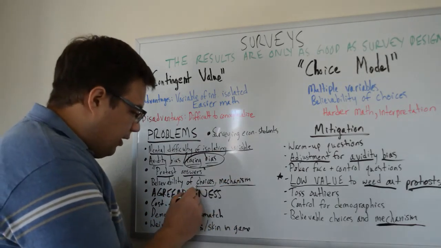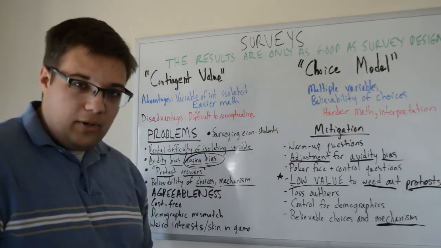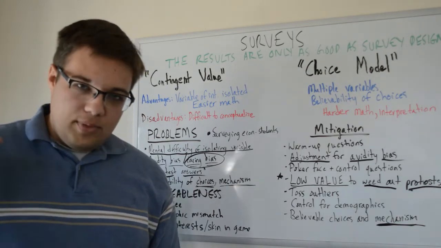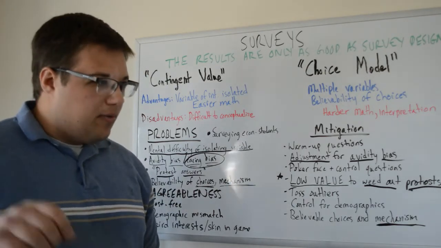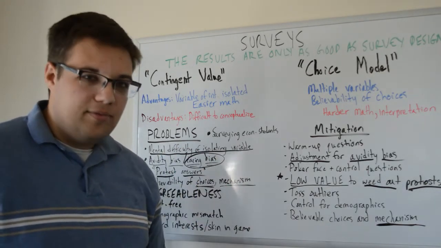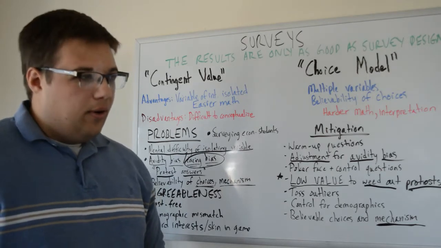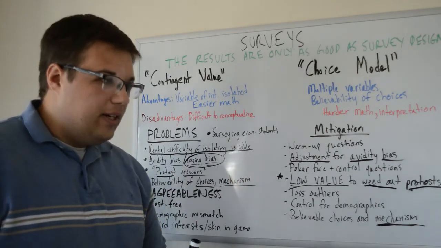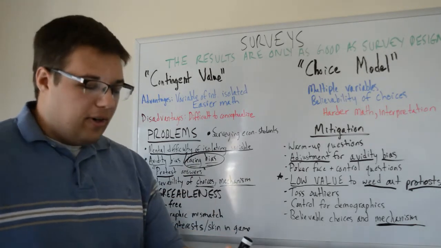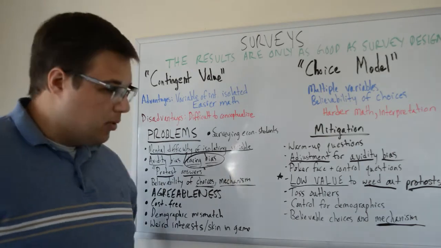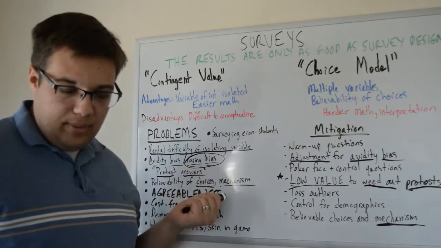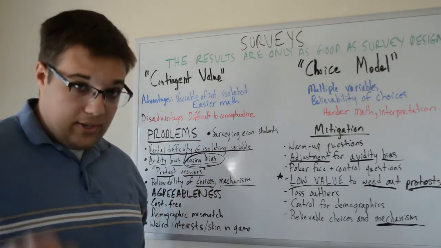And if you have unbelievable choices, where your choices go the wrong direction, where if you pay nothing, then you get all the best attributes you possibly can. Like if you're doing a survey of scuba divers, would you rather pay 0 and see 100 sea turtles and this many types of fish and no other divers? Or would you rather pay $50 and then see fewer sea turtles and fewer fish and more divers? Your variables are going the wrong direction, where of course everyone's going to choose the option that's 0 and the best stuff, and they're probably not going to put much believability in your survey because, again, the causality runs the wrong direction.